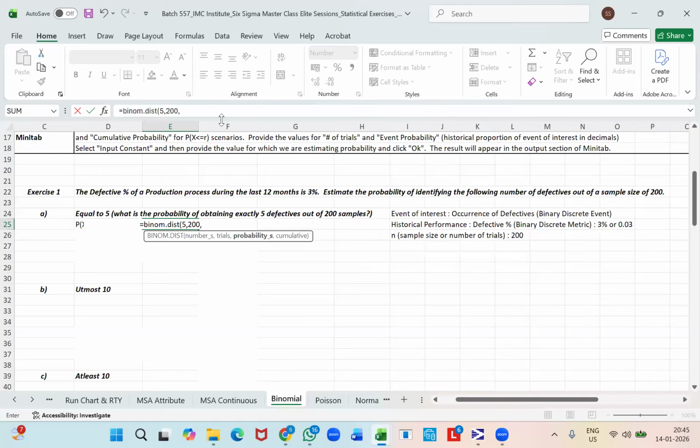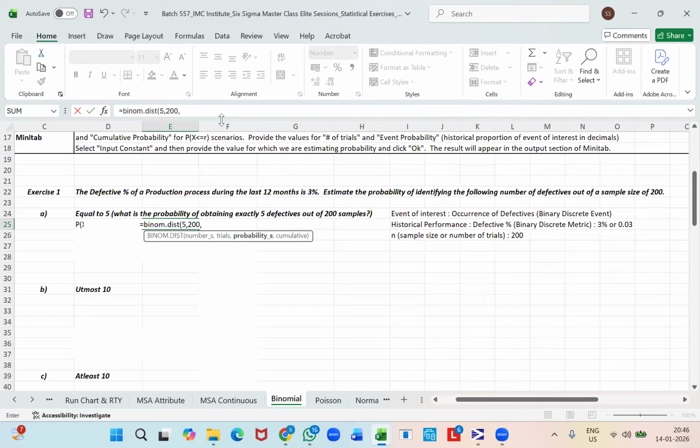Now put a comma, and then it is asking for probability. Without leaving any gap, probability is nothing but the historical performance proportion of that binary discrete event. What is the proportion of that binary discrete event which has been given as the historical performance? This is given in terms of defective percentage, which is 3%.